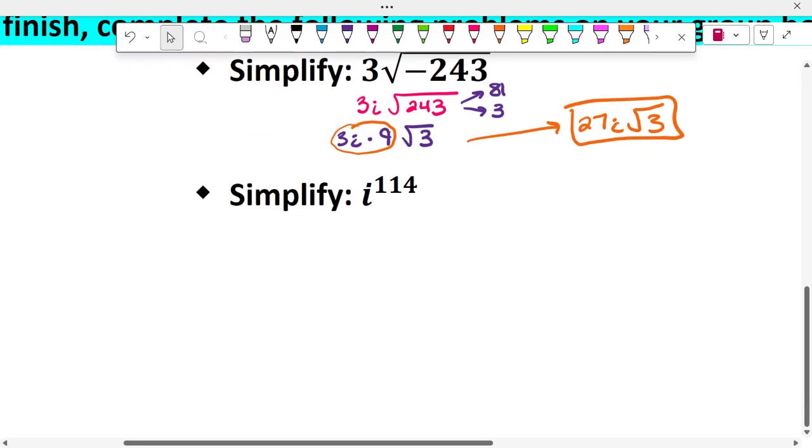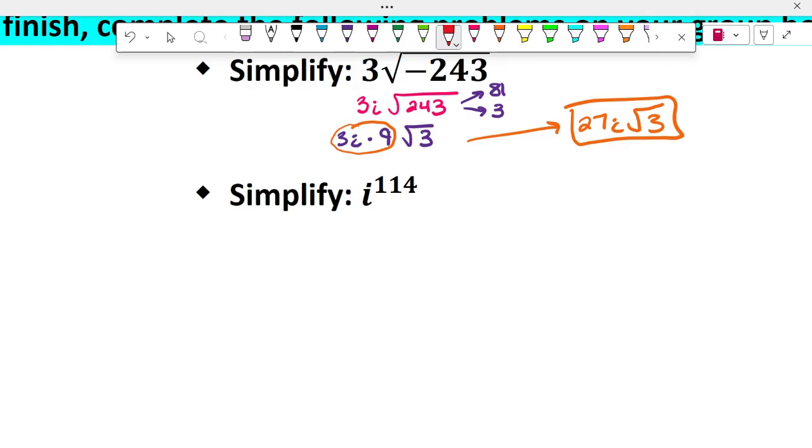Now, this one, I asked you to find i raised to the 114th. Okay? Remember, always find the nearest multiple of 4 because i to the fourth power is what? 1. So if it's a multiple of 4, it's automatically 1. All right. So find the nearest multiple of 4. However many i's are left over, that's your answer.